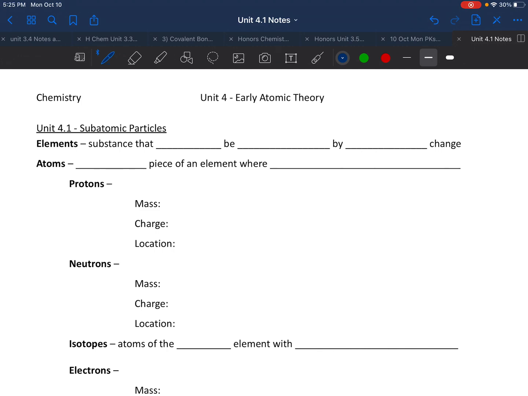So, starting with elements. Elements are like the purest form of a substance that cannot be decomposed by chemical change. So, we can't break them down any further in the sense of how something reacts, right?